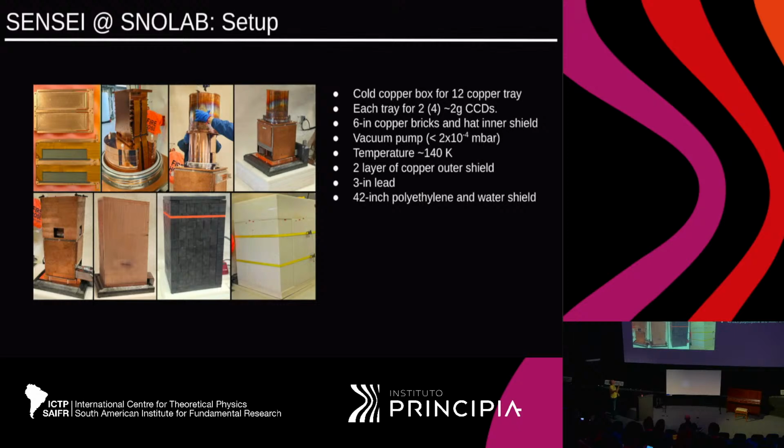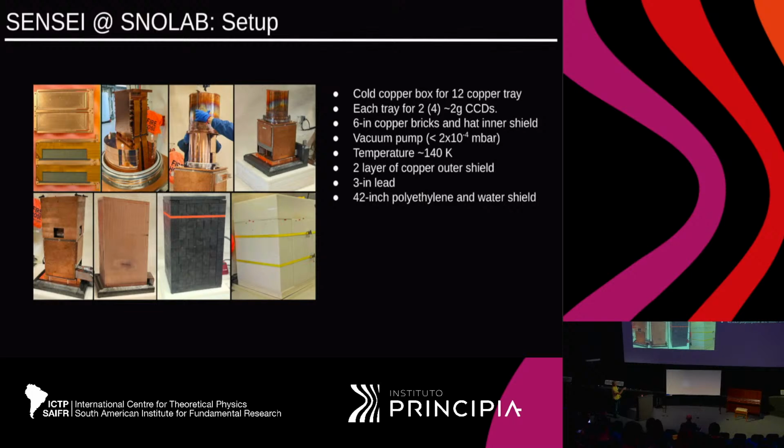Then this goes into another bigger box where you have a stack of these modules, many of these. This box is cooled down to about 130 Kelvin, and we close it and have vacuum inside this volume.